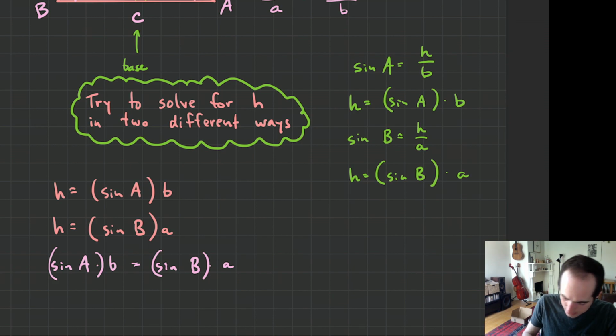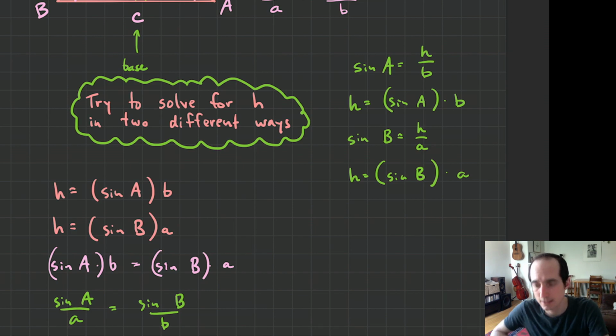So take the a and put it over on the other side, take the b and put it on the other side. So what I get is sine of A over a is equal to sine of B over b. Just like that. Isn't that nice? So not a super complicated proof. It didn't take too long, but you do kind of have to know what to do.